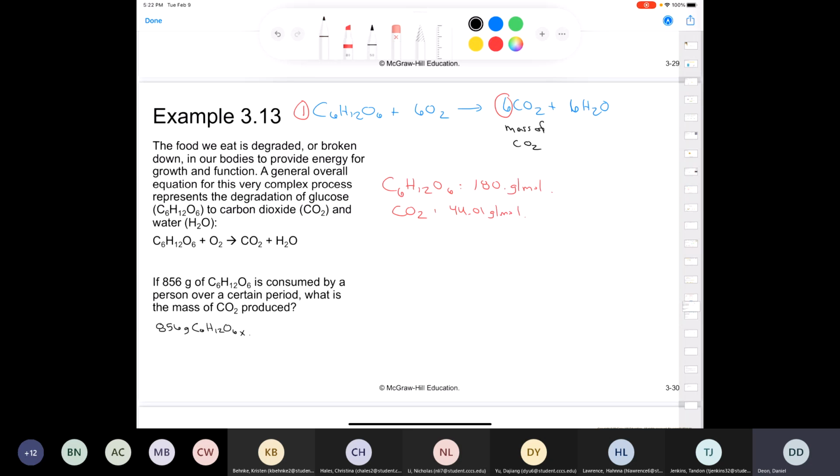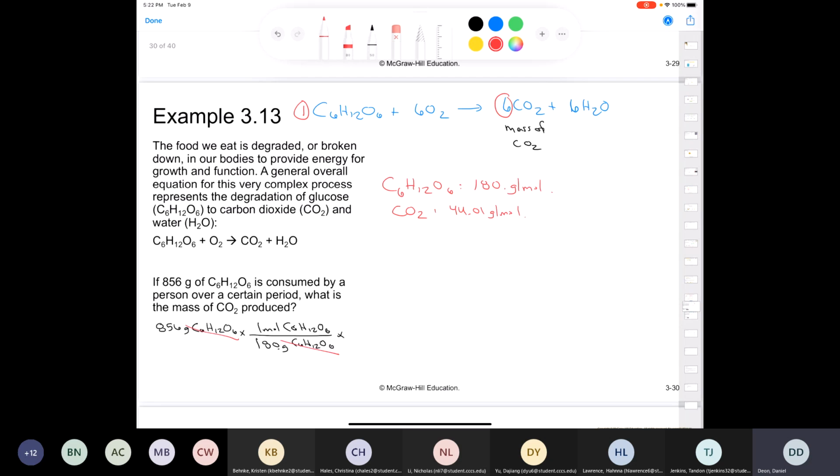Let's get back to it. If I want to figure out the number of moles of glucose that I'm going to get from 856 grams, I'm going to need to use my molar mass and divide by that molar mass. 180 grams of C6H12O6 is found in 1 mole of C6H12O6, like that. Now I'm going to convert the number of moles of glucose into the number of moles of carbon dioxide.